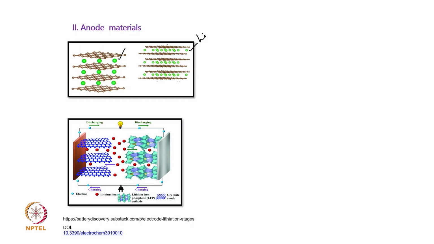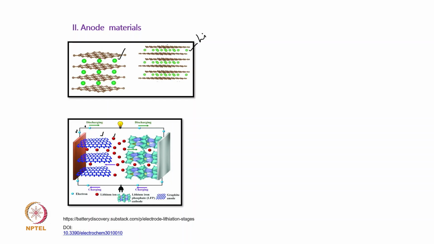Again, if we look at the process which I discussed, you can see this is the anode, which is the graphitic plane, and these are lithium ions, the red ones, and the small blue ones are all electrons. This is a typical lithium iron phosphate, or LFP, which is used as a cathode material.